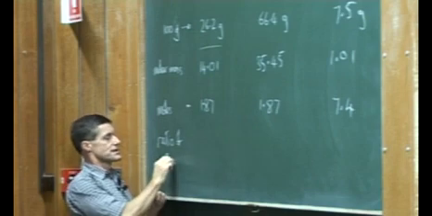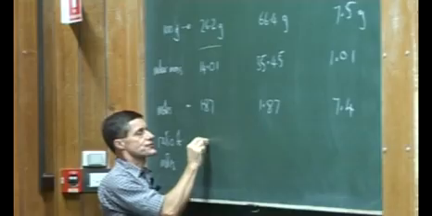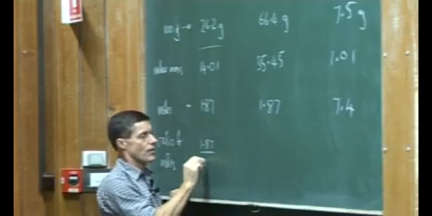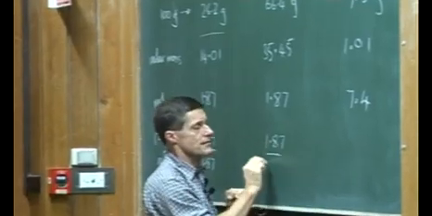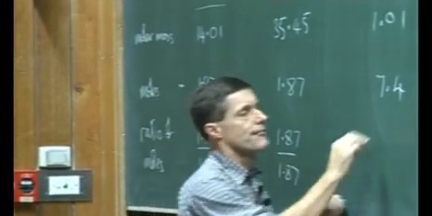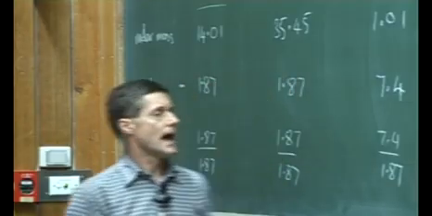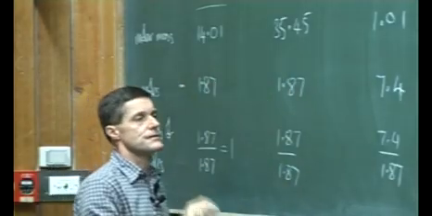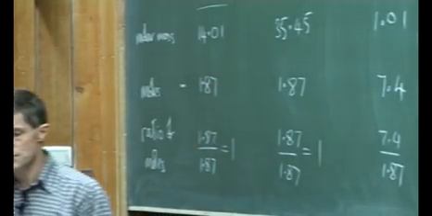So, if in my next row I have a ratio of moles, I'm going to try dividing through by 1.87. And when I do that, of course, those first two come out to be unity.